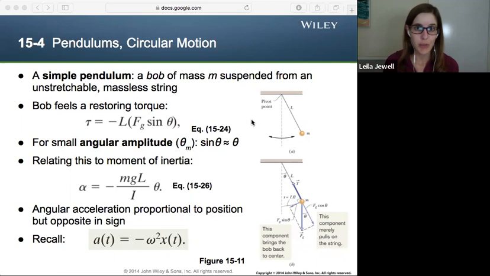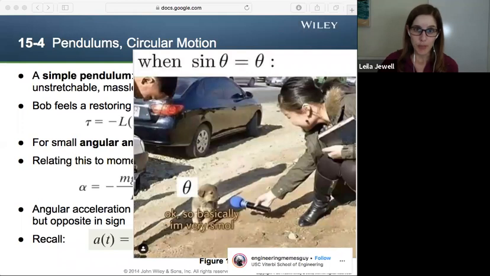This may feel a little bit hand-wavy to you, but it actually is a well-established thing, so much so that people even make memes about it. At least engineering meme makers do. So when sine of theta equals theta, you can see theta says, okay, so basically I'm very small. And that's the short of it, right? You can try this out on your calculator.